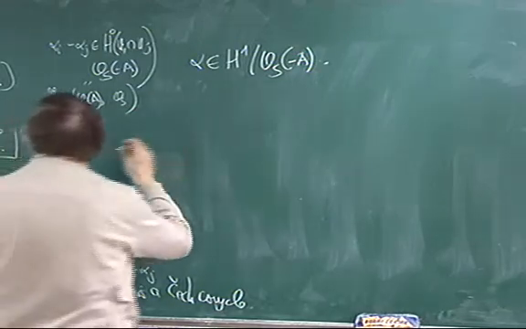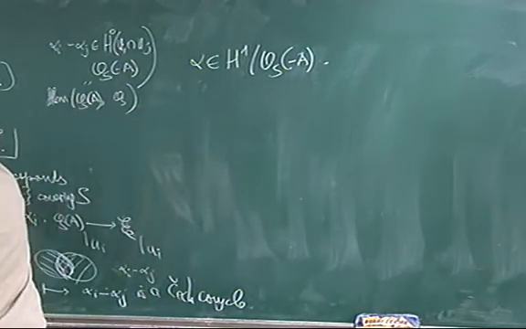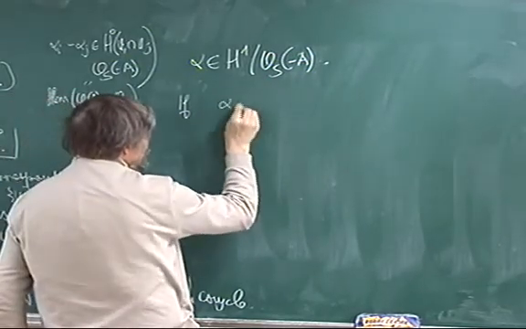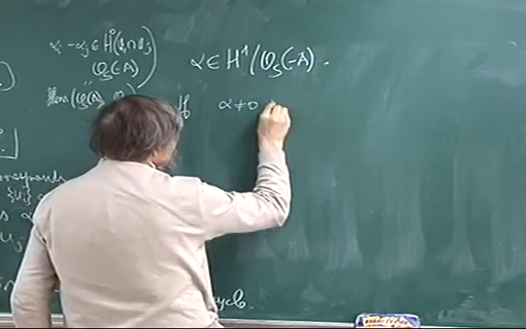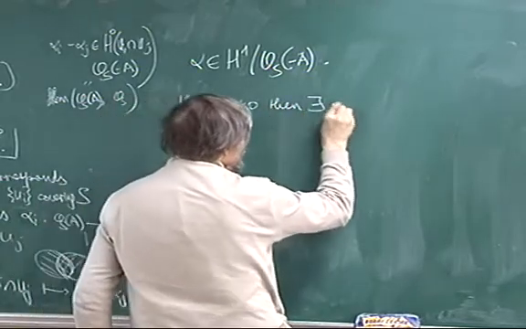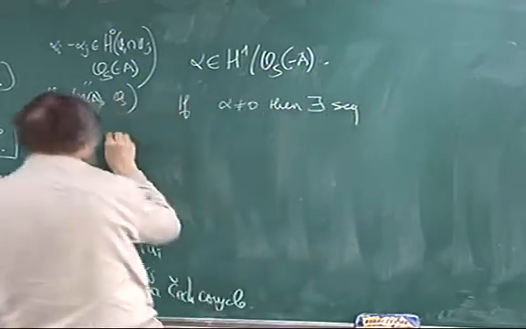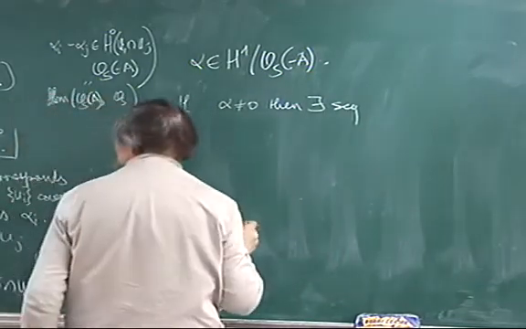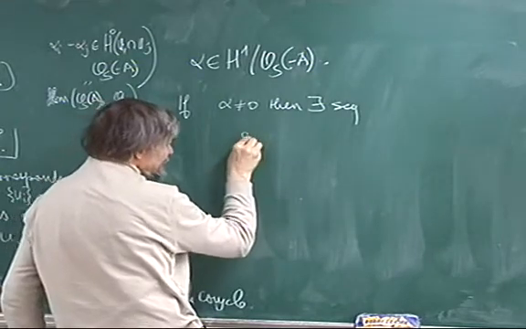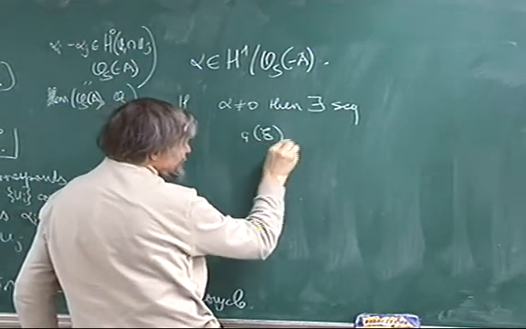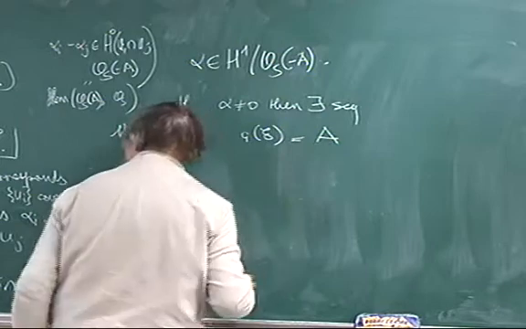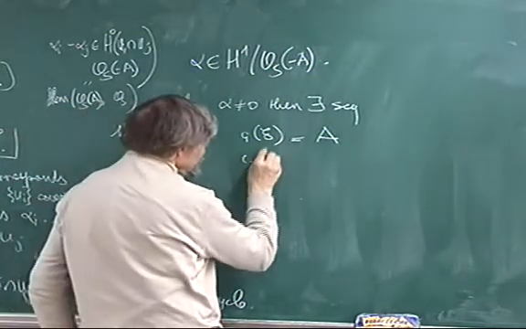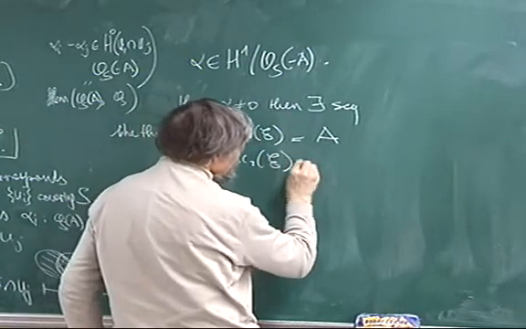So I'm trying to prove this theorem. If alpha is not 0, then there exists a sequence like that, and the E has c_1 of E equals A, and c_2 of E equals 0.